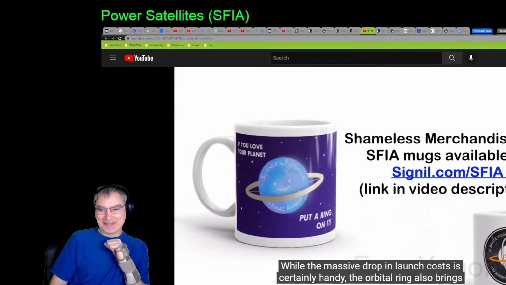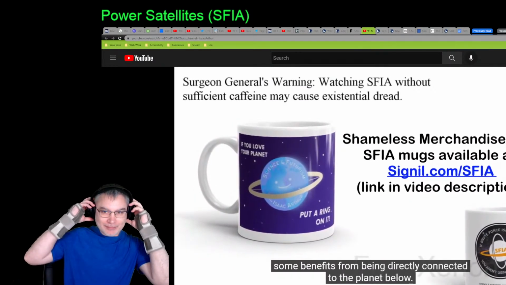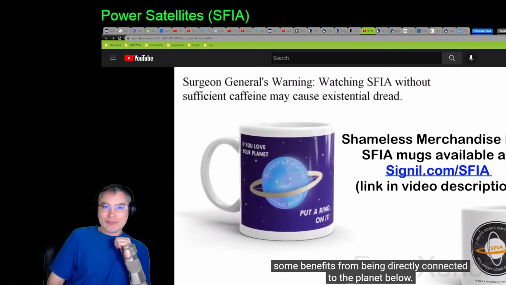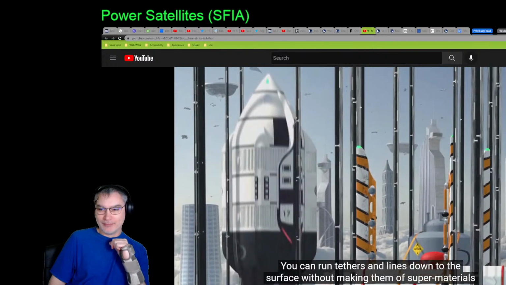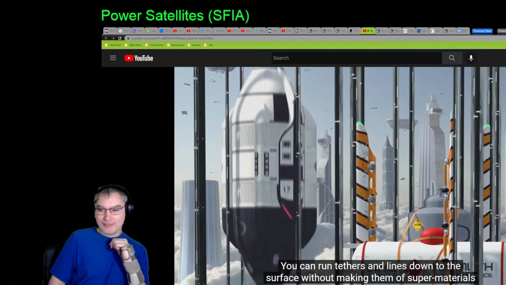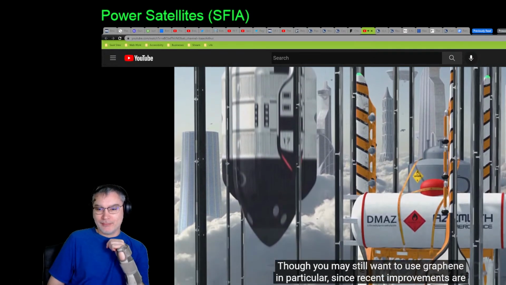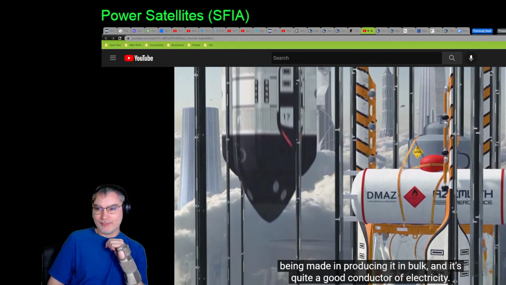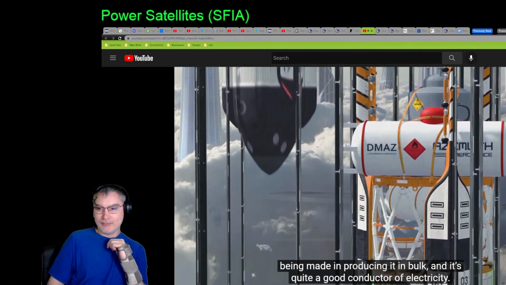While the massive drop in launch cost is certainly handy, the orbital ring also brings some benefits from being directly connected to the planet below. You can run tethers and lines down to the surface, without making them of supermaterials like graphene, though you may still want to use graphene in particular, since recent improvements are being made in producing it in bulk, and it's quite a good conductor of electricity.